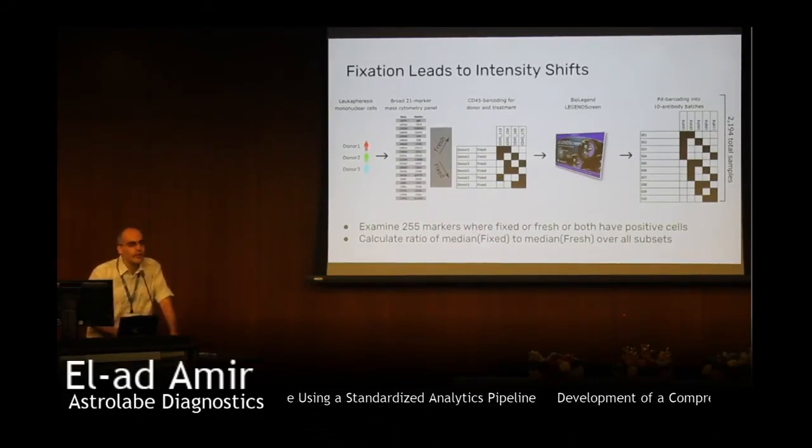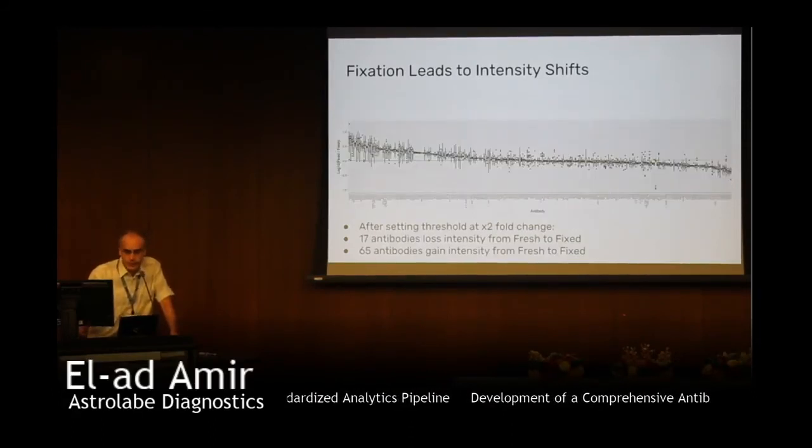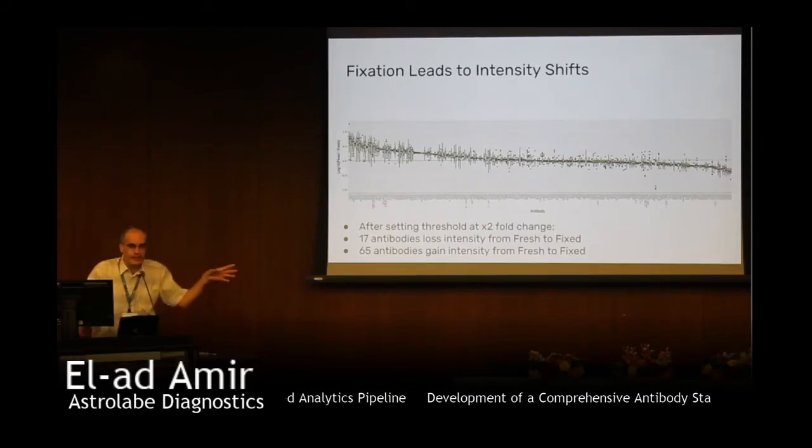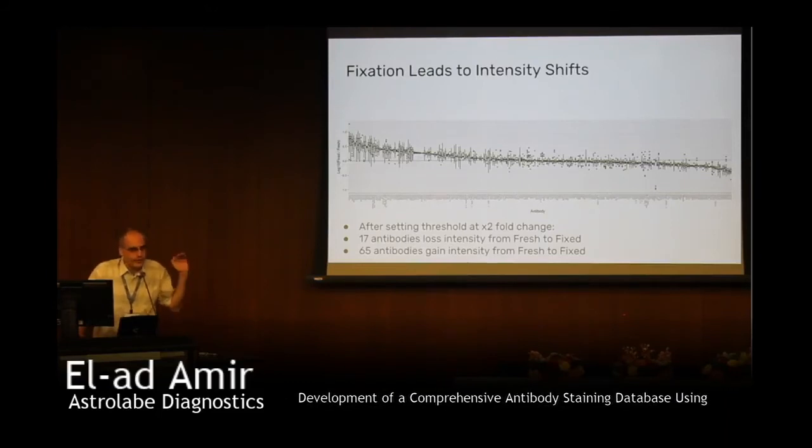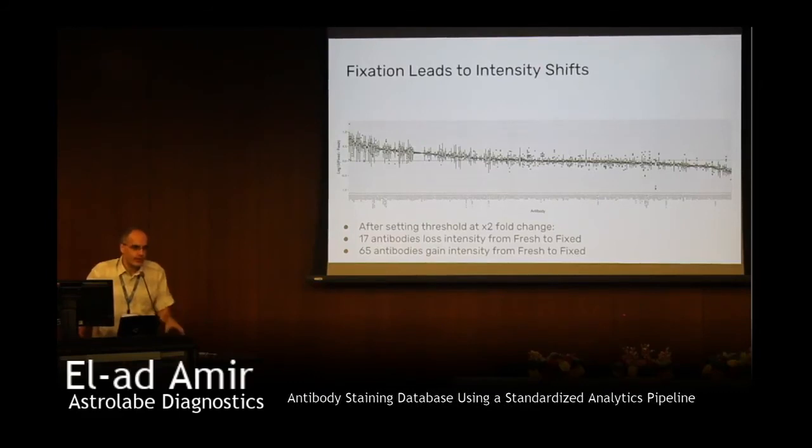We took all of these ratios and put them on a box plot where the x-axis is the different antibodies and the y-axis is the ratio. So anything above the 0 line, there is a new signal in fixed samples. Anything below the 0 line, there was a signal in the fresh sample and that signal disappeared. So we divide them into two groups, a loss of signal and a gain of signal from fresh to fixed.